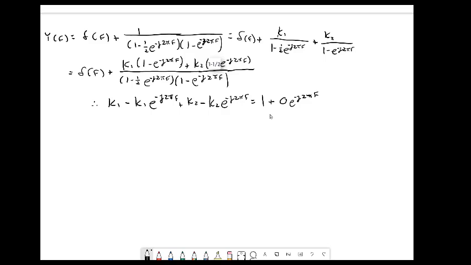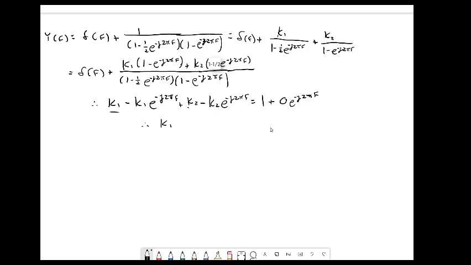And that provides me a clear path to get two different equations with two unknowns here. The real values have to add up to 1. The ones that are multiplied by exponentials have to add up to 0. So we have our two equations that come out of that.